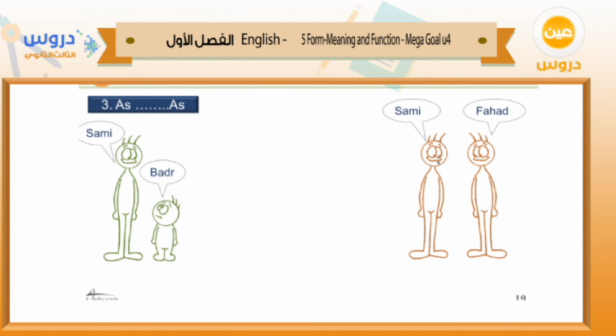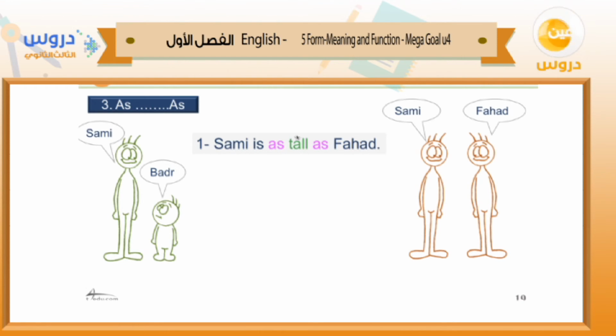Can we say that Sami is taller than Fahad, or Fahad is shorter than Sami? Is their height different, or are they equal? They are equal. So in this case, we can use as. We can say that Sami is as tall as Fahad.